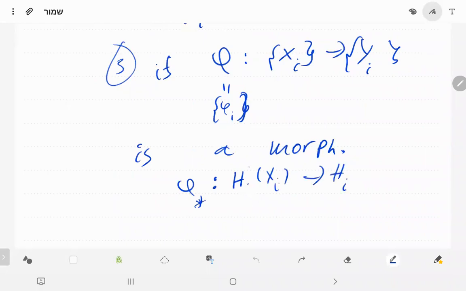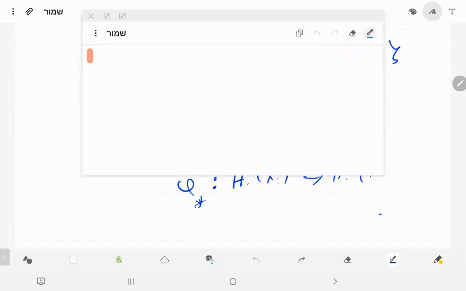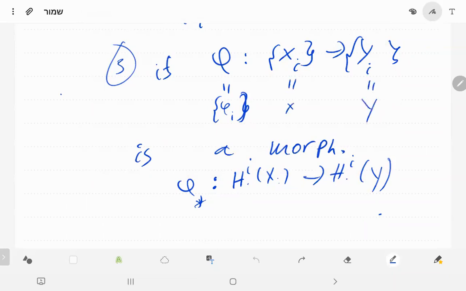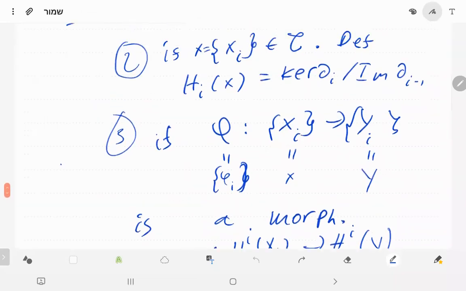Yeah, I should write i upstairs because we're talking about cohomologies of X and Y. So how do we define it? We have a map between X_i and Y_i. It commutes with d, so it maps the kernel to the kernel, the image to the image, so it induces a map on the quotient.